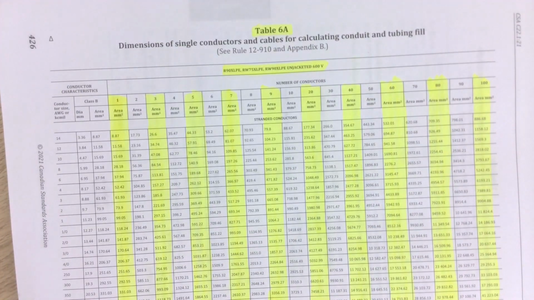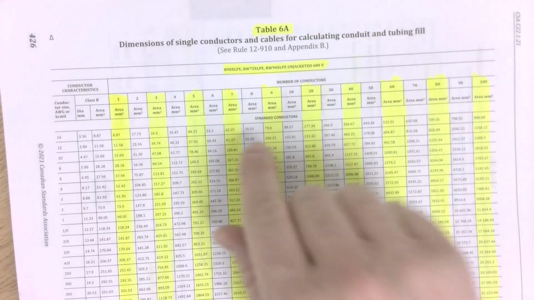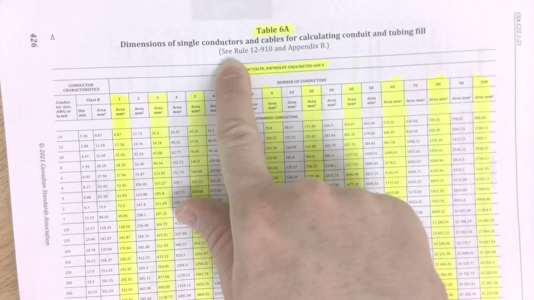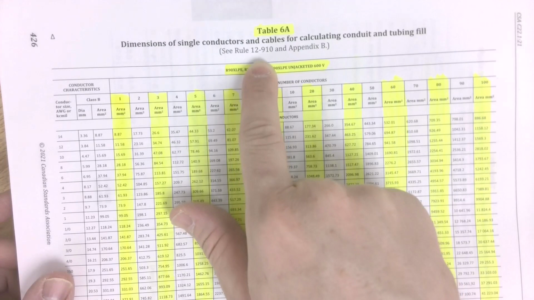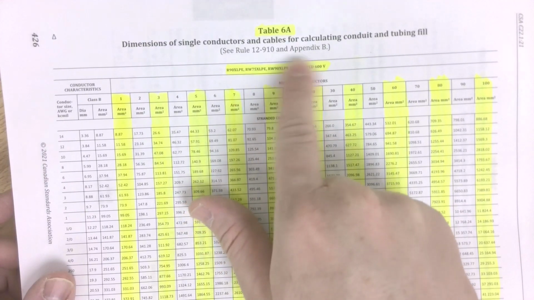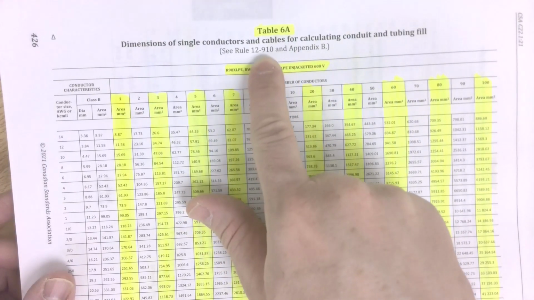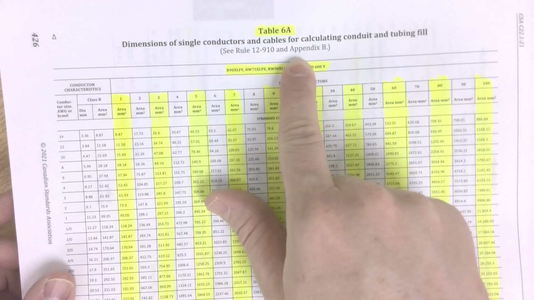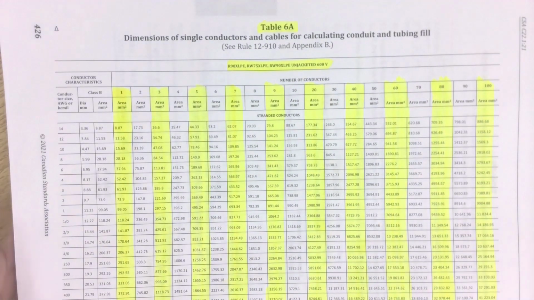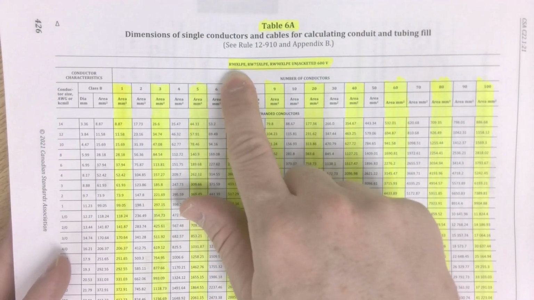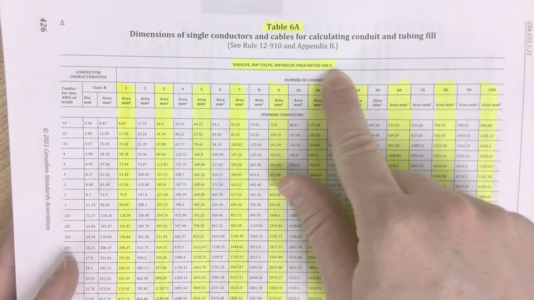But how the table 6's work is, as usual in the tables, they reference this rule, and it even talks about that Appendix B. So if you look at 12910, it'll say in brackets at the end, Appendix B. We have types of insulation on the conductors.